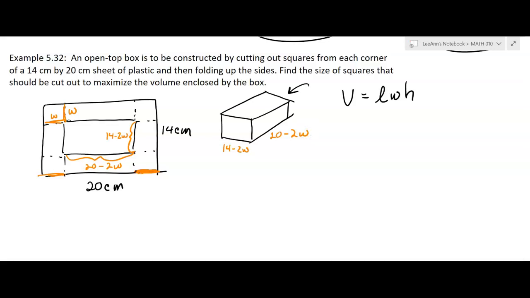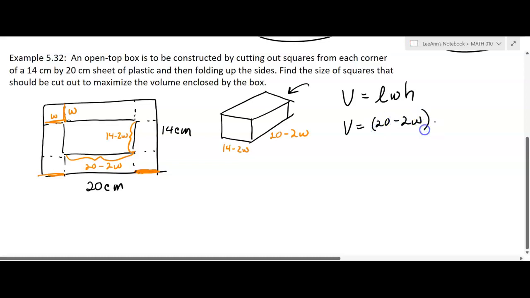So that gives me then a volume formula of the length, 20 minus 2W, times the width, well, I don't want the width there, but that's okay, I'll fix it in a minute, times the height. Oh, no. Shoot. W doesn't stand for width in my little thing here.